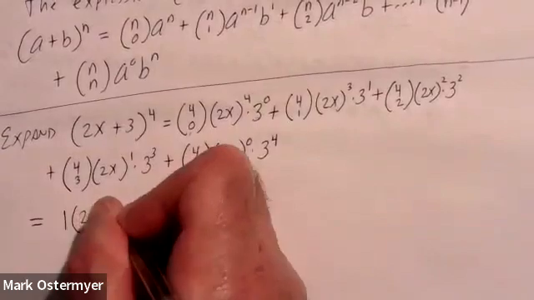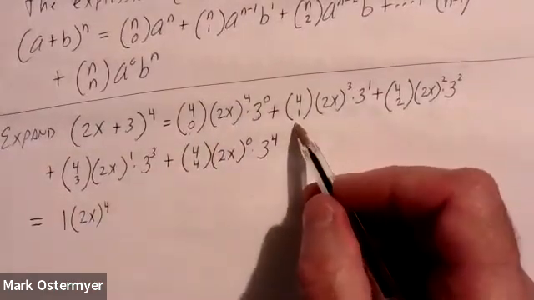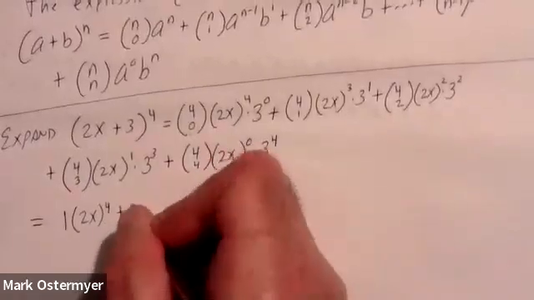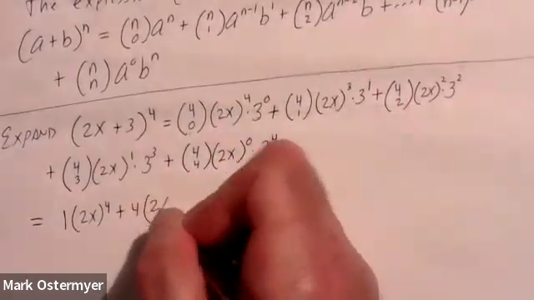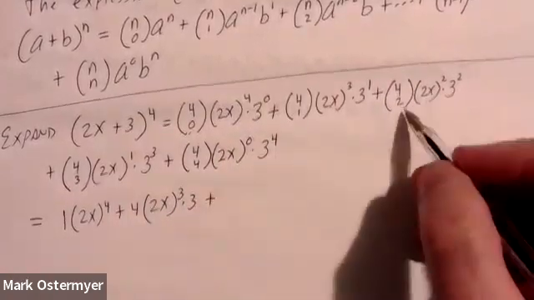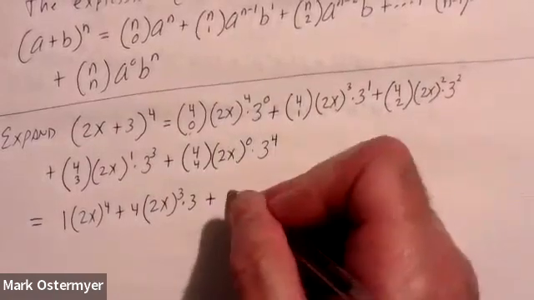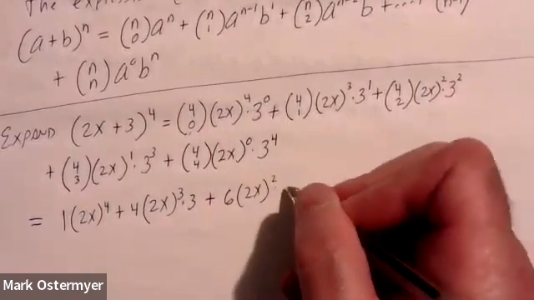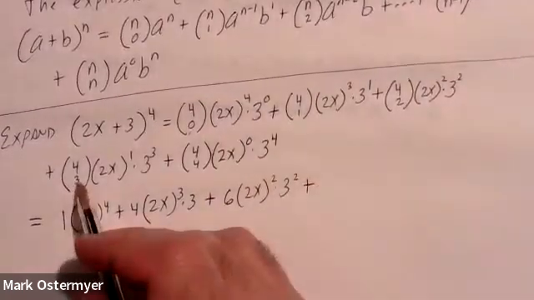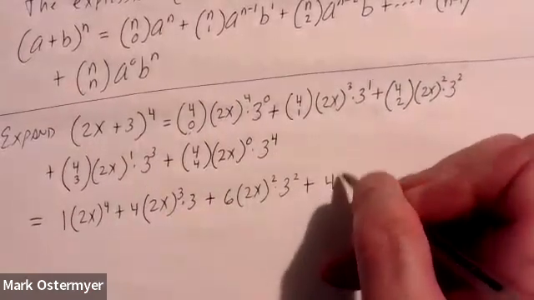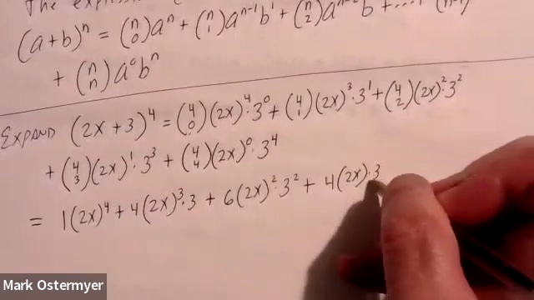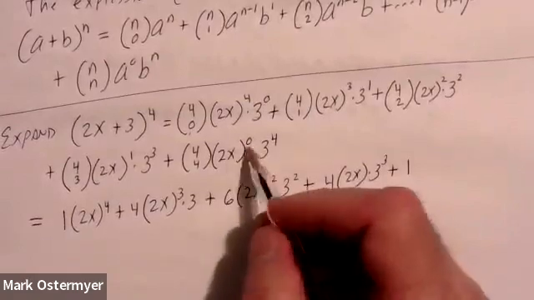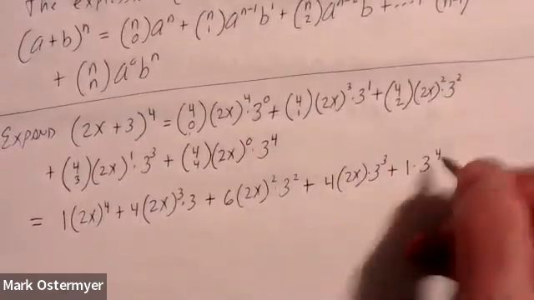This is 2x to the 4th power. 4 choose 1 is going to be 4 times 2x cubed times 3. 4 choose 2 is going to be 6 times 2x squared times 3 squared. 4 choose 3 is 4 times 2x to the first power times 3 cubed. 4 choose 4 is 1 times 2x to the 0th power, which is 1, times 3 to the 4th power.